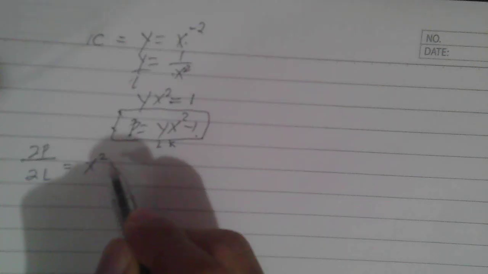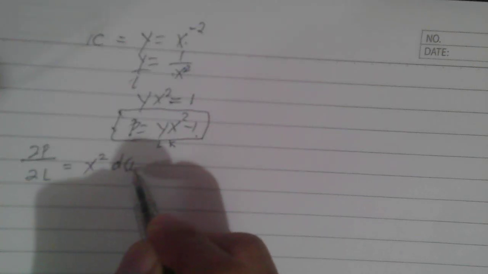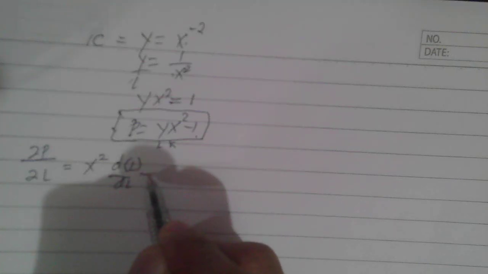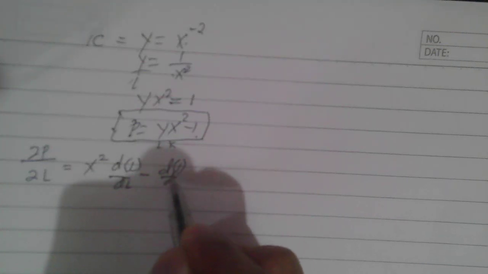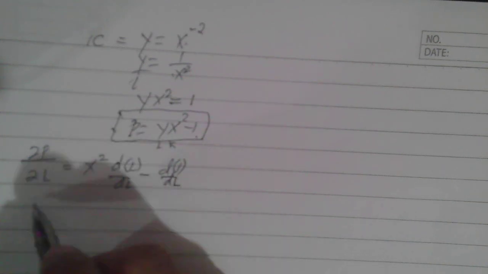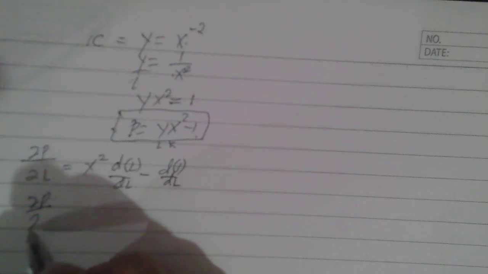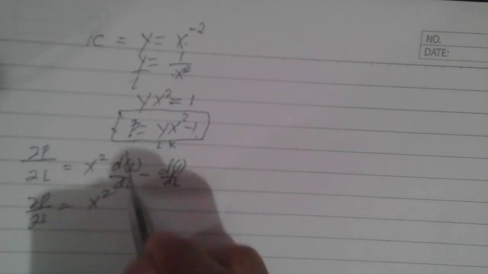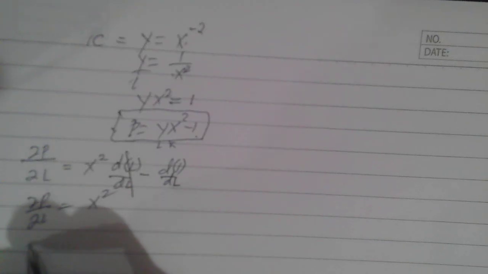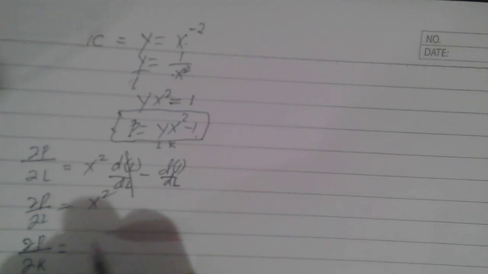The derivative of 1 with respect to L is 0. So what remains is x square, the same as before. Then your partial derivative with respect to K, therefore L is constant.